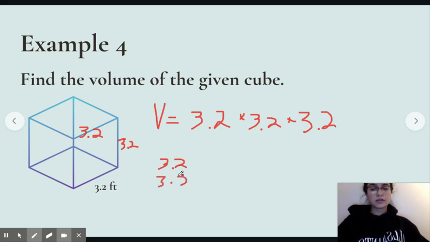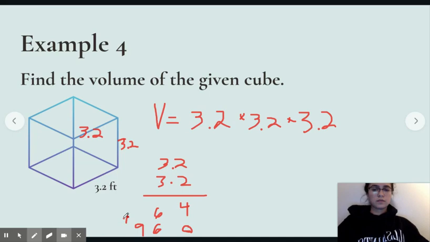I really wish I had a calculator in front of me, but this is good practice. Try not to use a calculator on this because it'll help you practice multiplying decimals. Okay, so 3.2 times 3.2, and then I'm going to do it again after I get this answer. So 4, 6, 6. Oh, I need a 0 placeholder. 6 and 9.